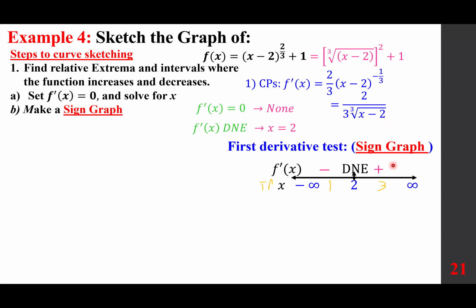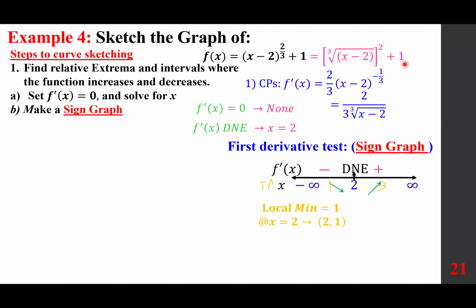What does it mean? Let's throw in the arrows. Arrow down, arrow up. This is looking like that. Local minimum occurs at x equals 2. So if I plug in 2 into this one, or this one, makes no difference, this goes to 0, this is 1.